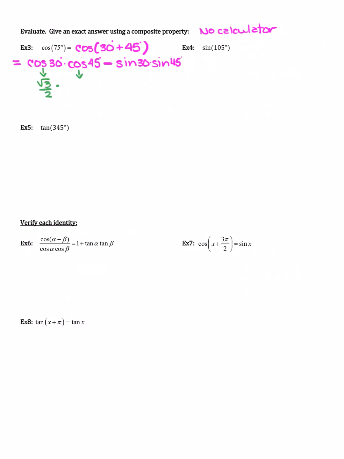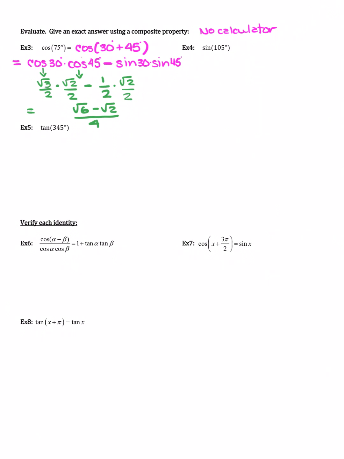Cosine of 45 is rad 2 over 2 minus sine of 30 is 1/2, and sine of 45 is also rad 2 over 2. So these always have this look to them, rad 6 minus rad 2 all over a common denominator of 4.